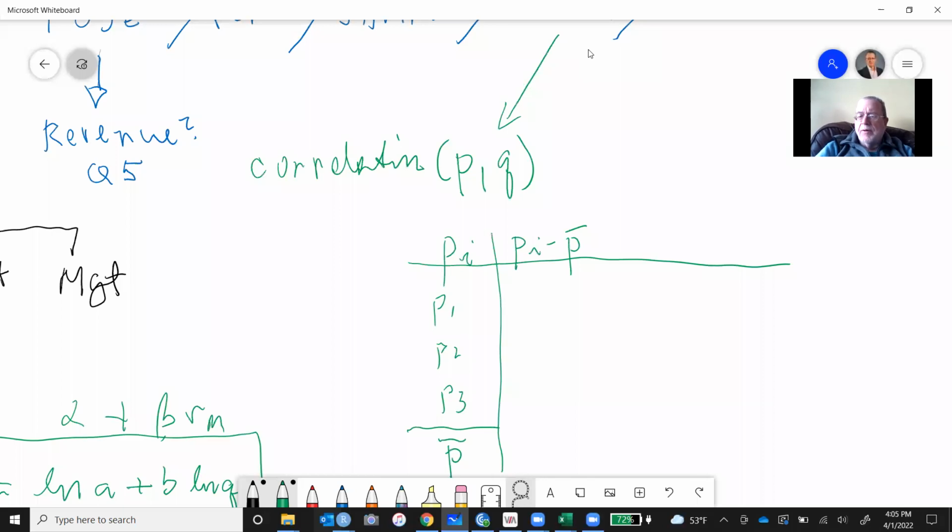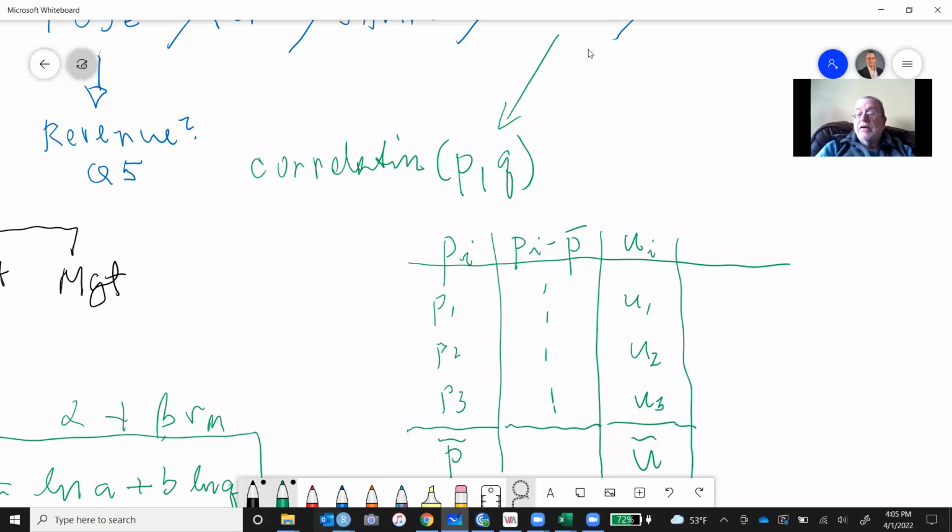And we've done this before. And then we have a bunch of units sold. Call that U for the moment. Suppose we have 3 of those. And we calculate their means. And it behooves us, terrific word these days, compute the deviation of units sold from the mean.